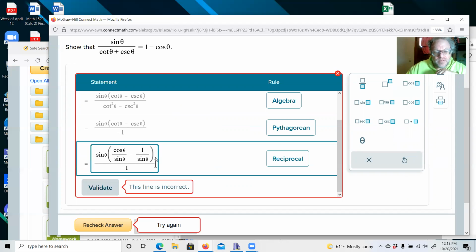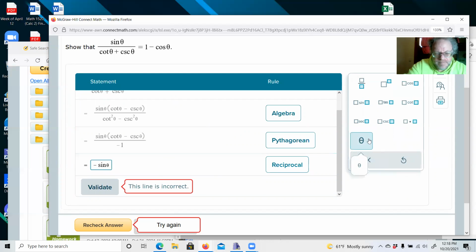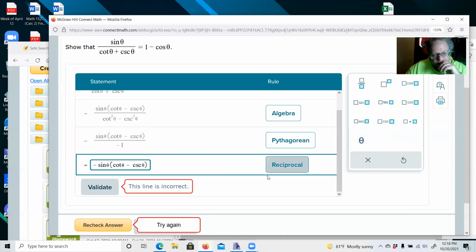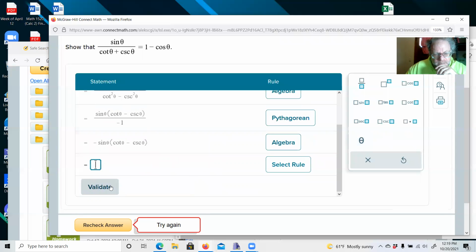All right, let's go back and just put in negative sine alpha times cotangent alpha minus cosecant alpha, and then see if that works. What is our thing? Our thing was an algebra step. Okay, you guys are picky.